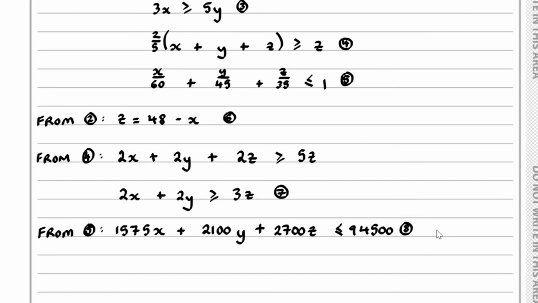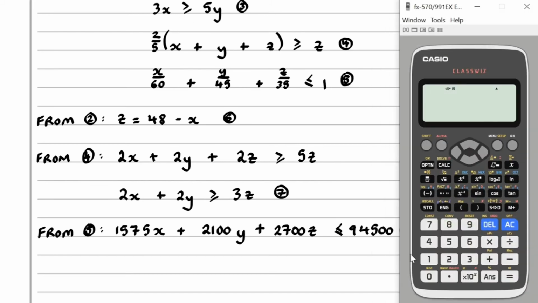Well, it looks like I can divide each of these terms by 75. And if I do that, 1575 divided by 75 is 21. 2100 divided by 75, that's 28. And then 2700 divided by 75, that's 36z.